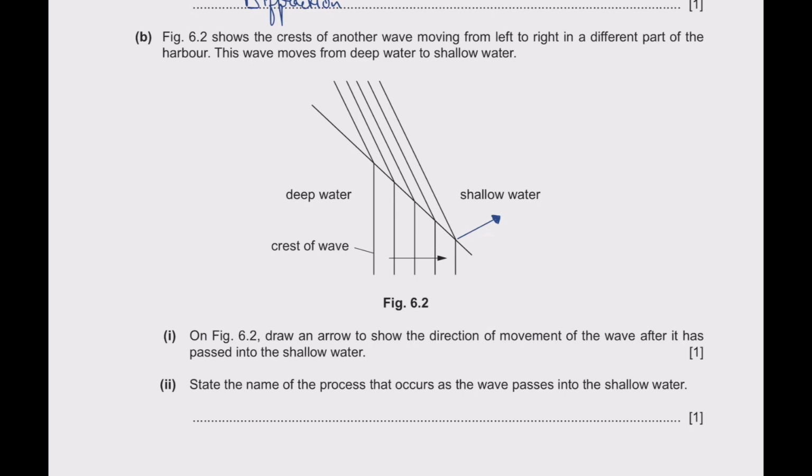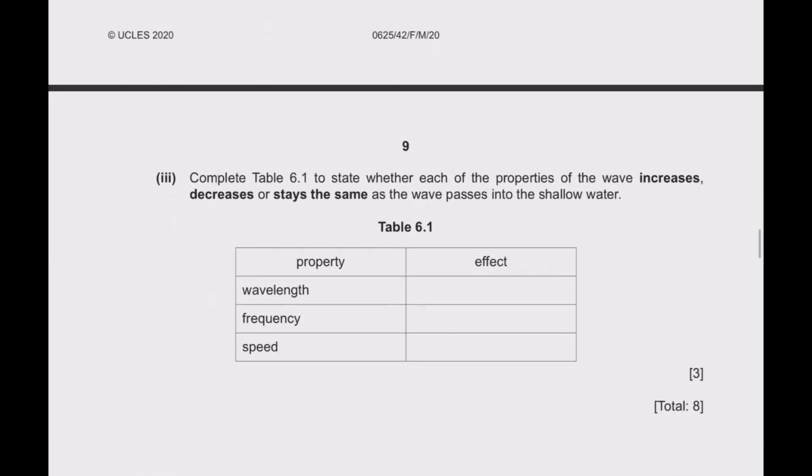Okay. State the name of the process that occurs as the water passes into the shallow water, that is refraction taking place. Due to change in the medium, the wave changes its direction. Okay.